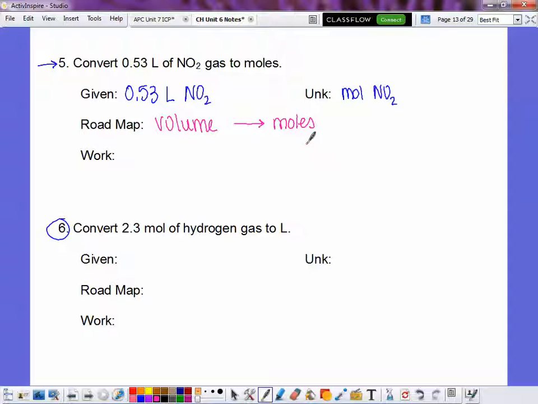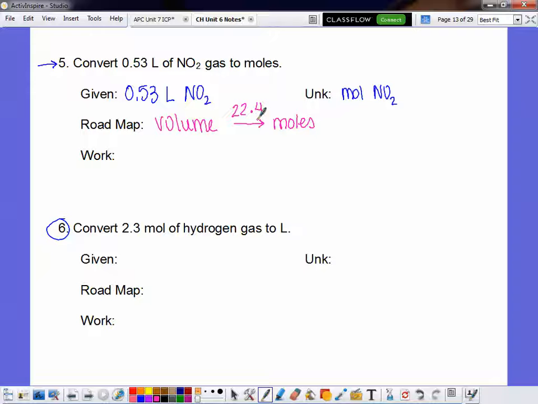When it involves a mass to mole or mole to mass conversion, we use the molar mass in the periodic table. When it involves particles to moles or moles to particles, we use Avogadro's number, the 6.02 times 10 to the 23rd. When it involves volume and moles, we use 22.4. Another number. There's only 2 numbers you need to memorize during this unit, and that's 22.4 and 6.02 times 10 to the 23rd. And make sure you know when to use them.